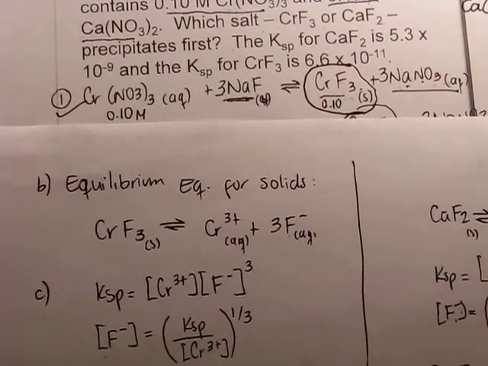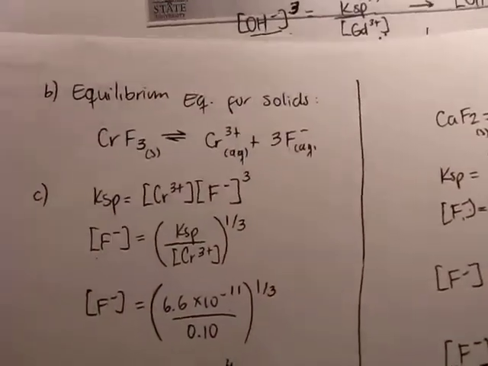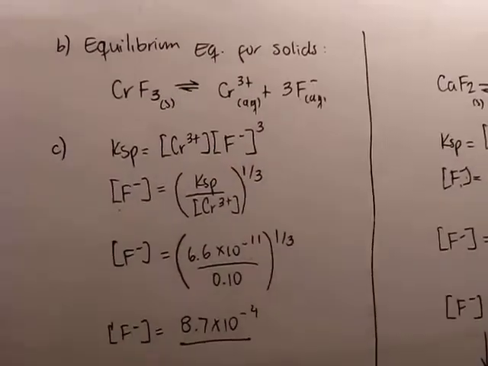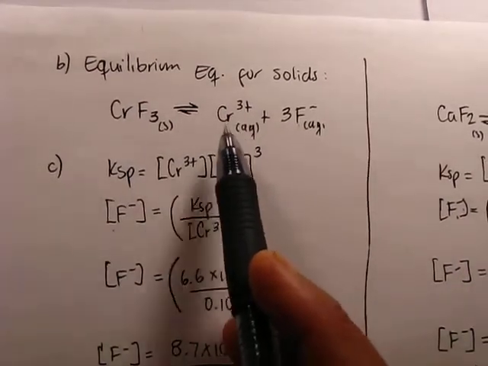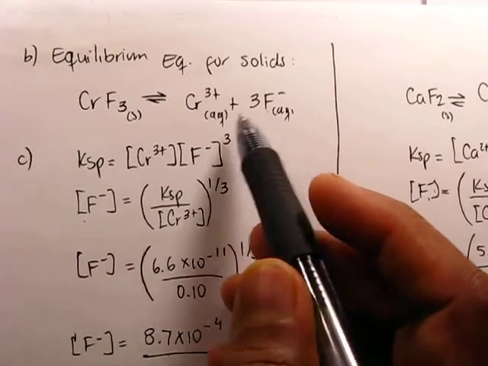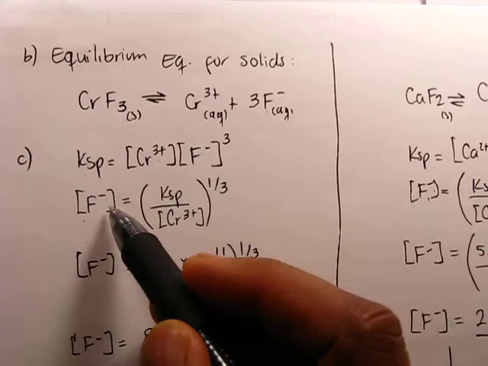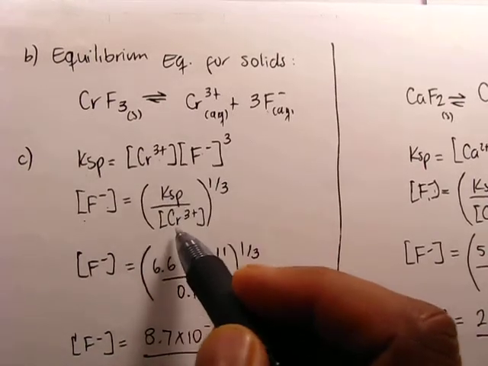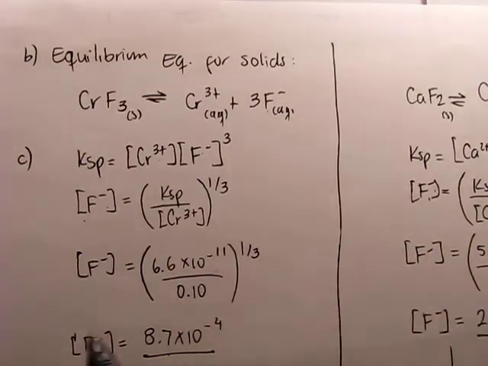So we'll study one by one which fluoride will precipitate first. Chromium fluoride will dissociate into chromium ion and 3 fluoride ions. Ksp will be chromium ion times fluoride ion cubed. Fluoride ion will be equal to Ksp over chromium ion, raised to the power 1 over 3.